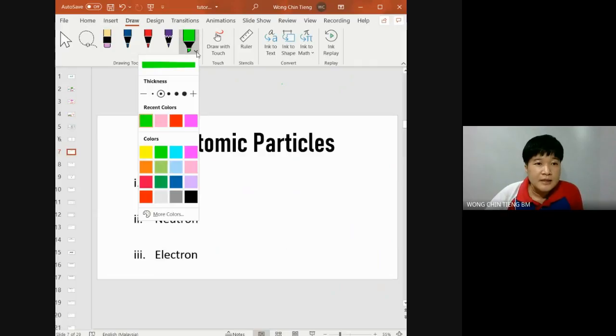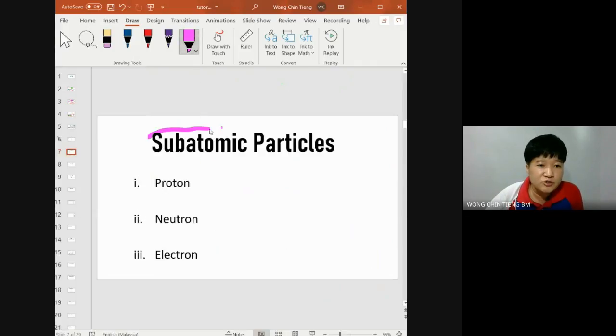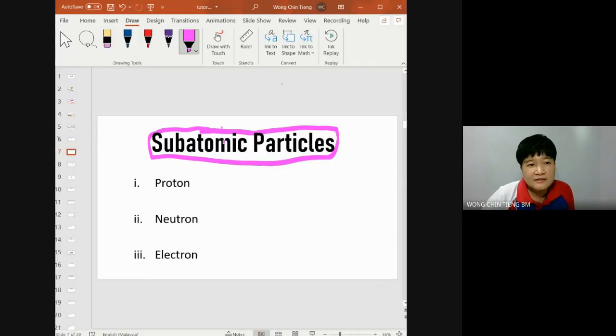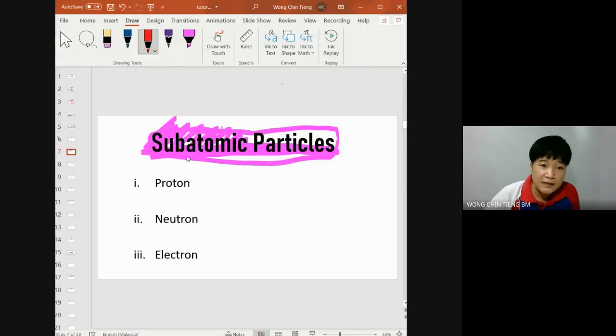Okay, over here, this term is extremely important. Favorite antara yang akan keluar dalam final. Subatomic particles. In your notes, there is one small section mentioned about this. Remember atom just now? The word atom, we agree on the word atom just now is the simplest unit.